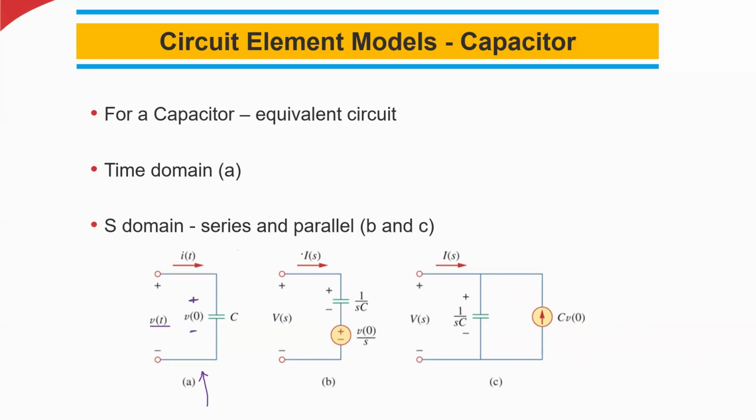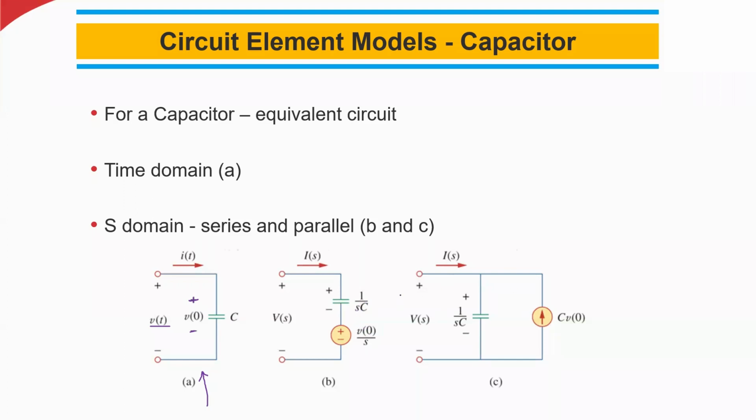Because of that, the current is capital I(s), and C is represented by 1 divided by sC, where C is the capacitance value. We are representing the initial voltage in series, plus minus, as V(0) divided by s.